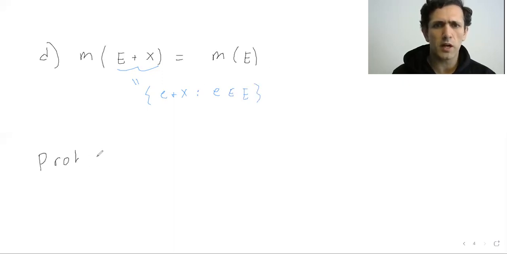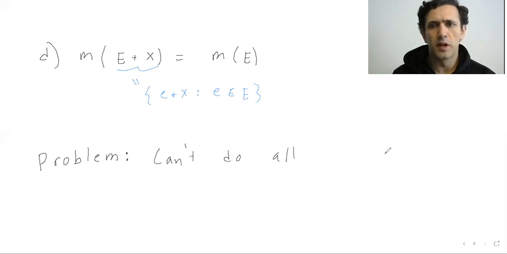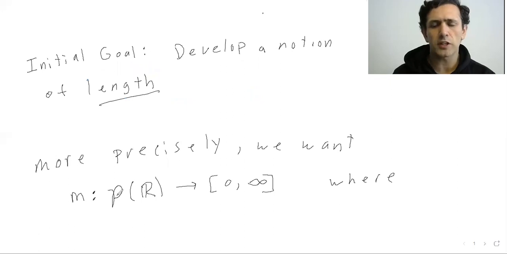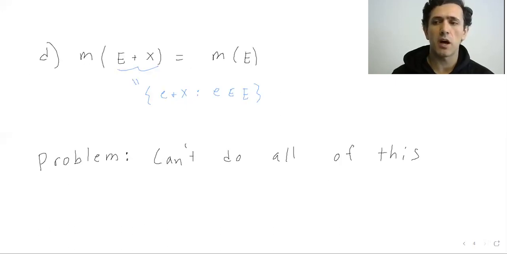So there's a problem here, and we'll talk more about this later. But this is just impossible. You can't do this. You literally cannot find a function that takes in the subsets of the real numbers and spits out something between 0 and infinity, where all of these are true for every subset of the real line.